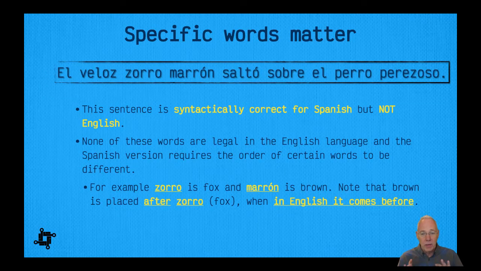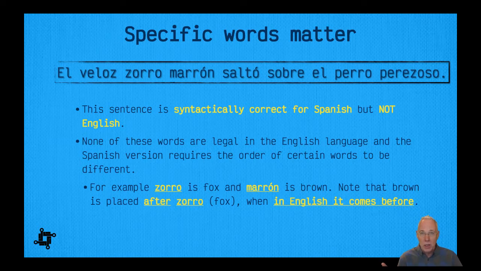Now, specific words matter as well. So for example, this sentence above is basically the same sentence, only written in Spanish. So all of these words are essentially Spanish words, not English words. So this turns out to be syntactically correct for Spanish, but it is not English. None of these are actually English words.